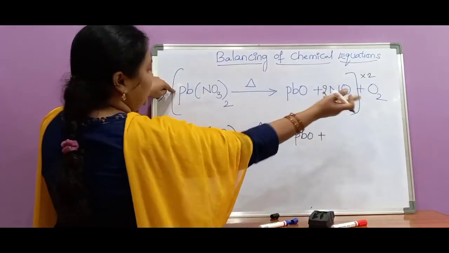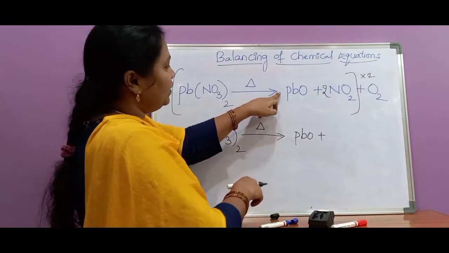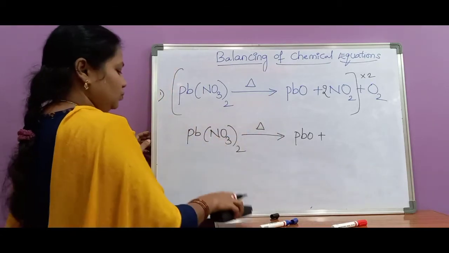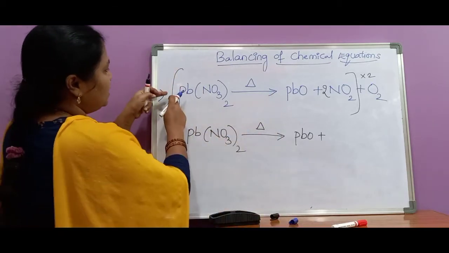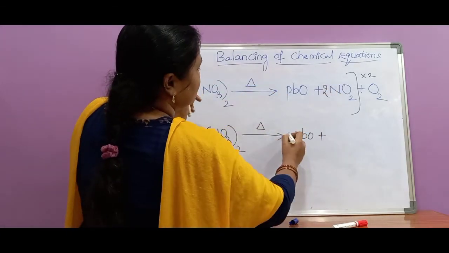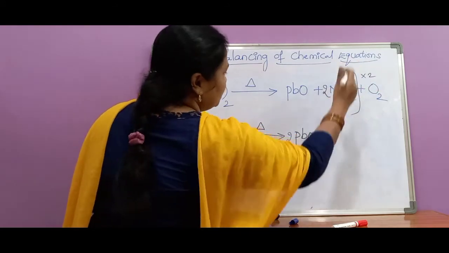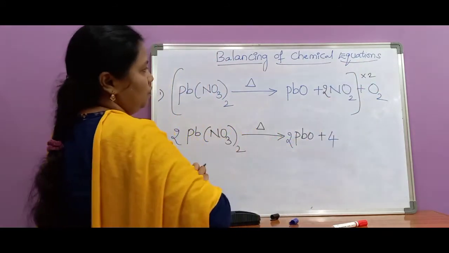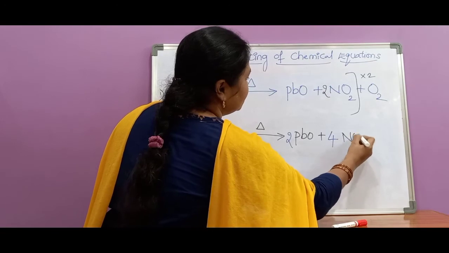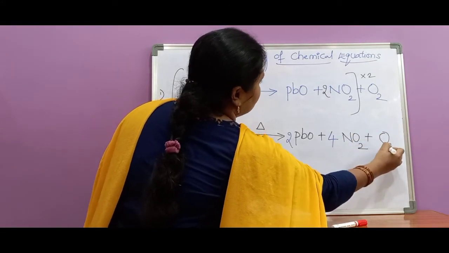When you multiply 1 into 2, what you will get? 2 here. Here 1 is there, 1 into 2 means 2. Here 1 is there, 1 into 2 means 2. Here 2 is there, 2 into 2 means 4. 4 nitrogen dioxide plus O2.